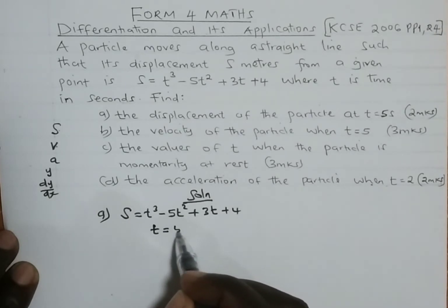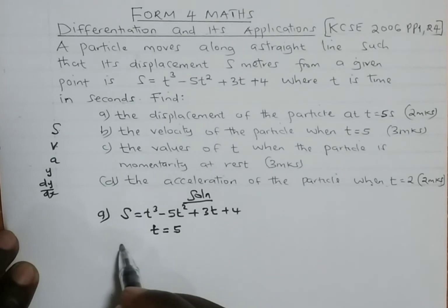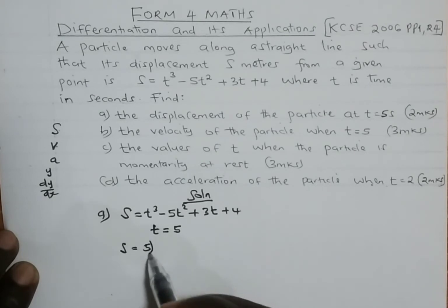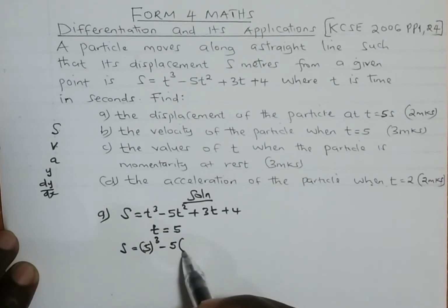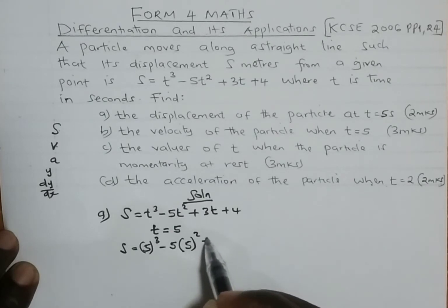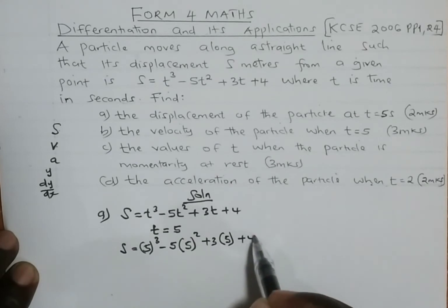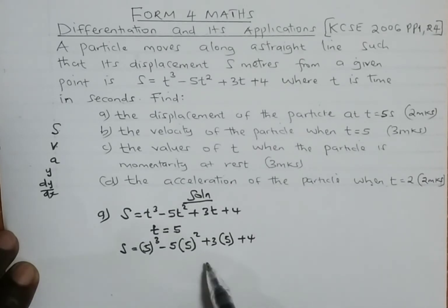So at t is equal to 5 seconds, our displacement is going to be equal to 5 cubed minus 5 into the value of t, which is 5, squared, plus 3 into the value of t, which is 5, and lastly plus 4. If you cube 5, you get 125. 5 squared is 25 times 5, which gives us negative 125.